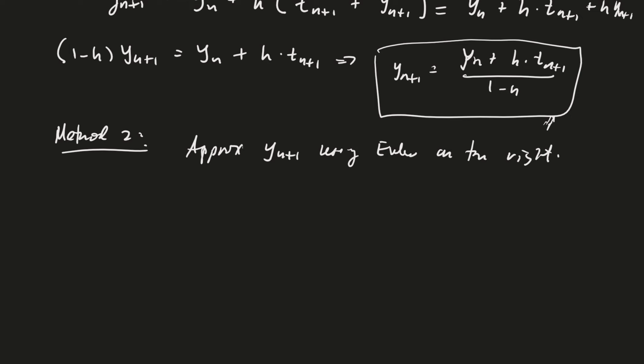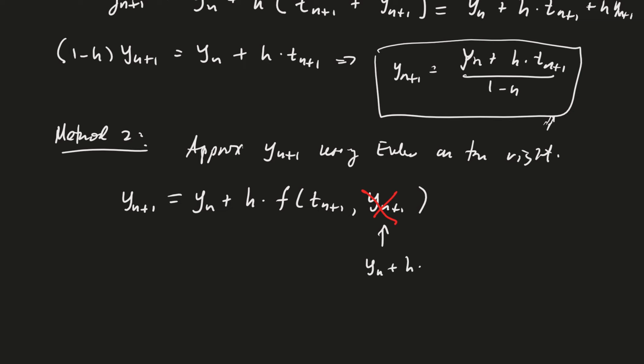So what I mean by that, I mean y sub n plus 1 equals y sub n plus h times f of t sub n plus 1, y sub n plus 1 is the original, but then I cancel this out and I replace it by Euler's formula, y sub n plus h times f of t sub n, y sub n.